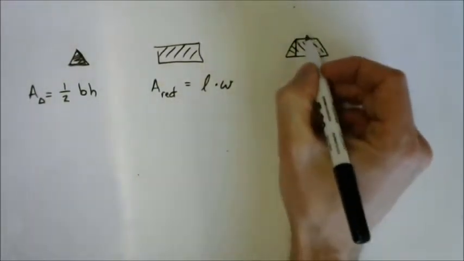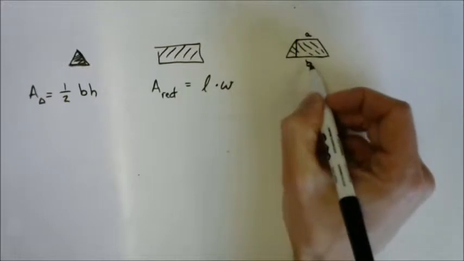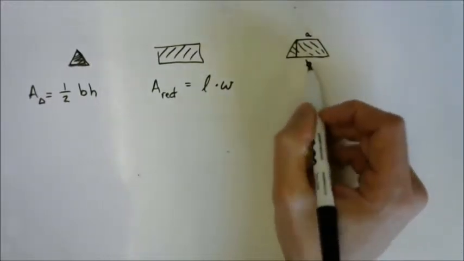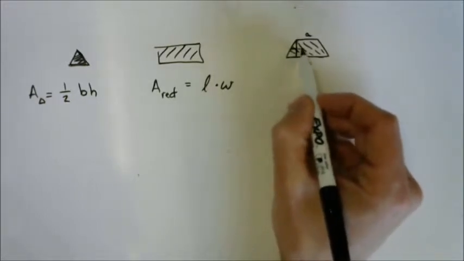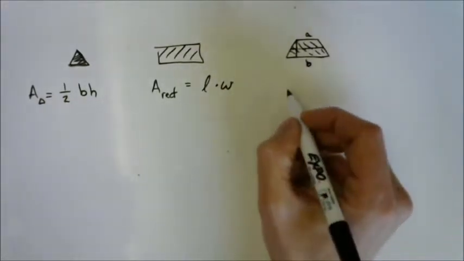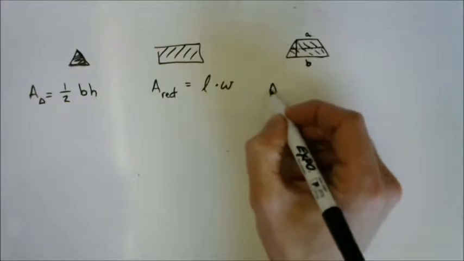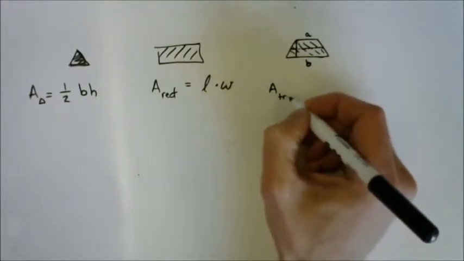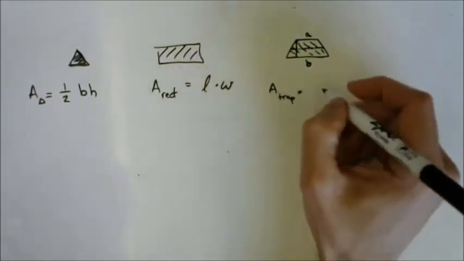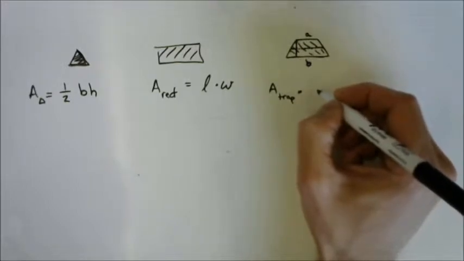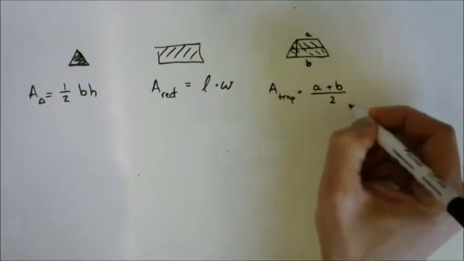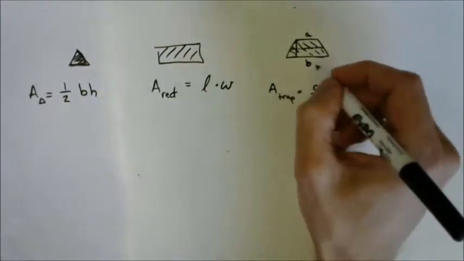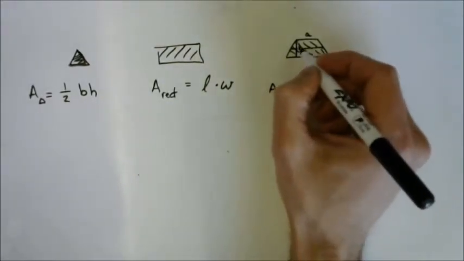What we need to do is take our two bases and find the average of our two bases, because that will give us the length here. So the area of our trapezoid equals A plus B divided by 2, and then we need to multiply that by the height.